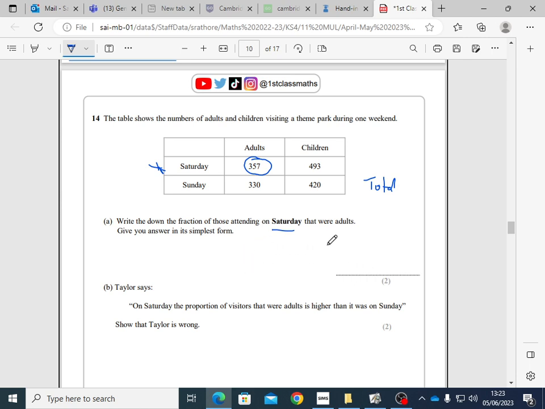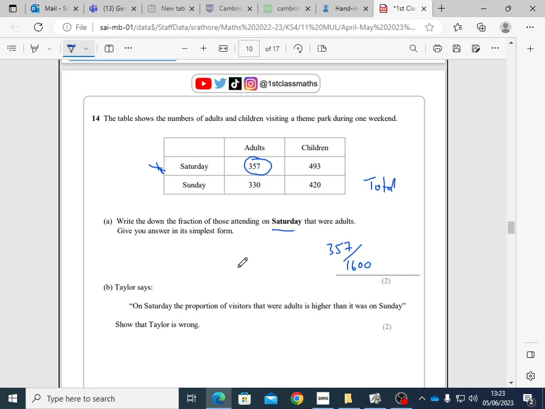So that's going to be 357 out of 1600. Now it says put it in its simplest form. Just do this on your calculator please, put it in as a fraction, 1600, press equals, it doesn't simplify any further, that is the simplest form.